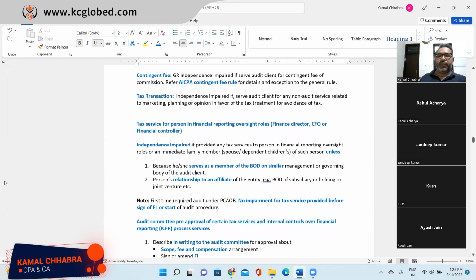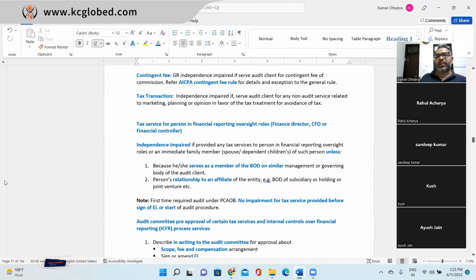Next is contingent fees. Under the general rules of independence, contingent fees impair independence if you serve an audit client for a contingent fee or commission. However, there are certain exceptions to the general rule, which we studied last week, right? Those rules apply here also.